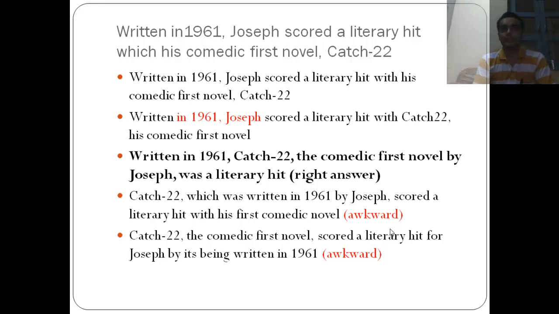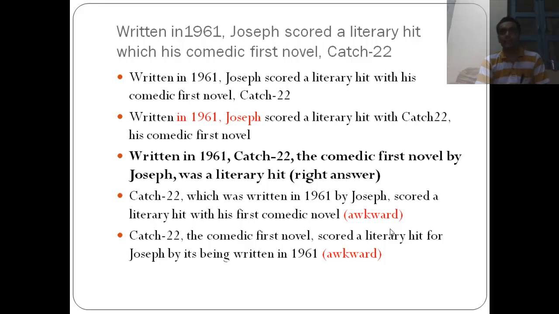So written in 1961, comma, should be followed by what was written. Joseph was not written. If somebody is reading it without an alert mind, he might think that Joseph is the name of a literary hit, a comedic novel. So who knows, rather than Catch-22, it would be Joseph 1, Joseph 2, and your mind would go out.